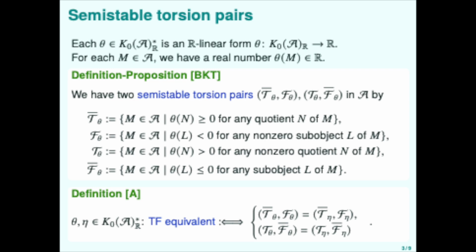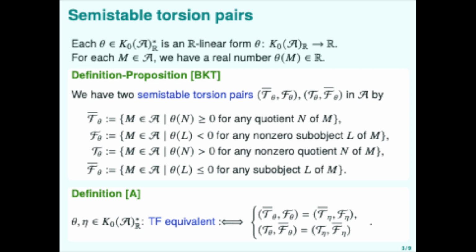And T bar theta is a torsion class consisting of all objects M such that for any quotient N of M, theta of N is 0 or positive. And the corresponding torsion-free class F theta is the full subcategory consisting of M such that for any non-zero subobject L of M, theta of L is strictly negative. And similarly, T theta and F bar theta are defined.